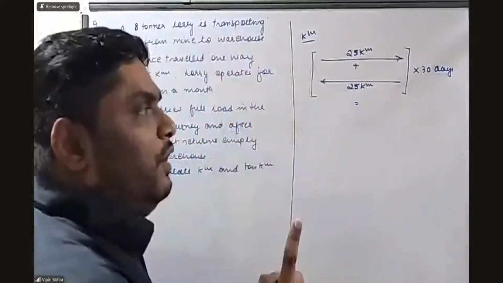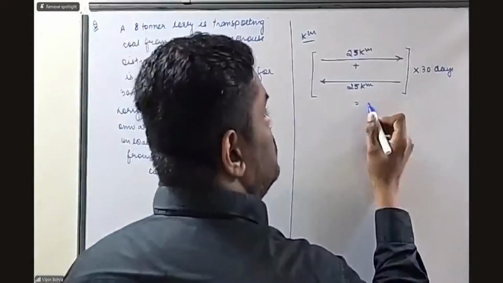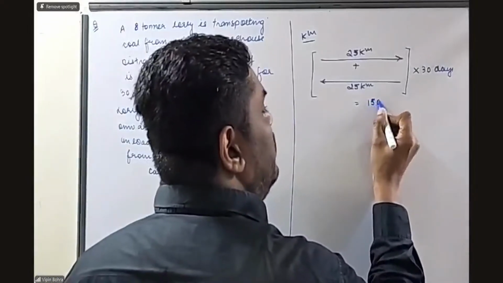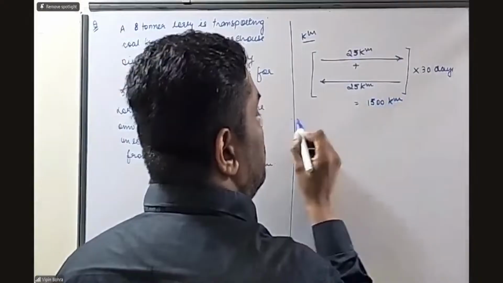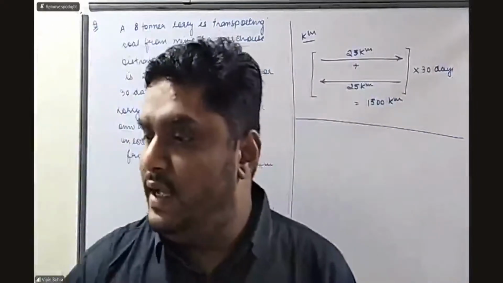So only one round trip in a day for 30 days in a month. So this will be 1500 kilometers. So most of the students posted this answer and the answer was correct.